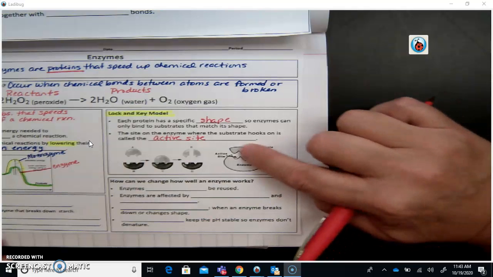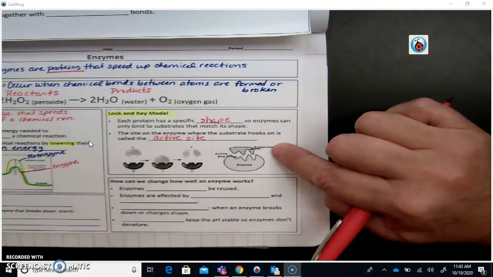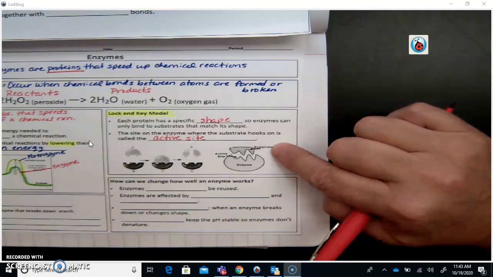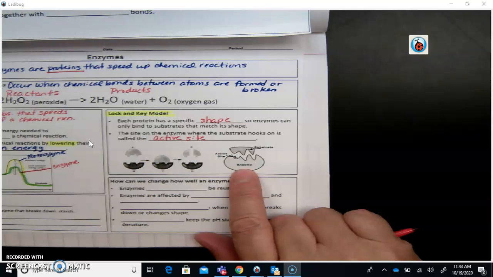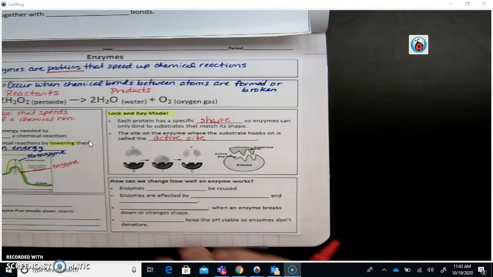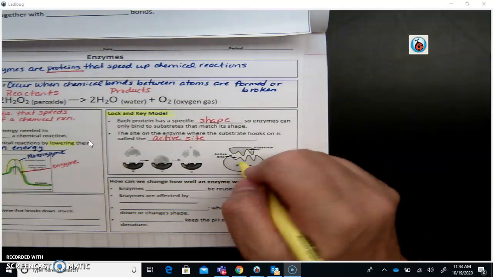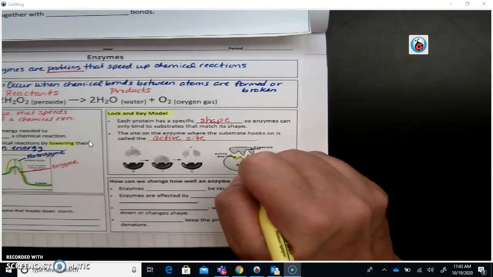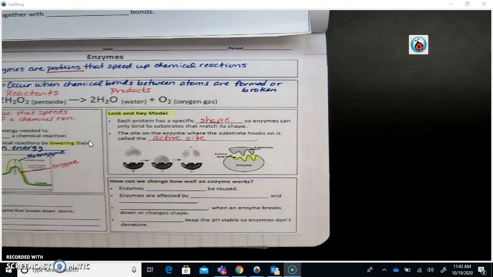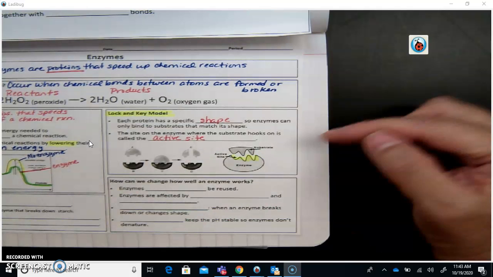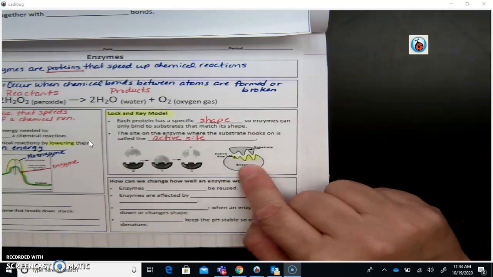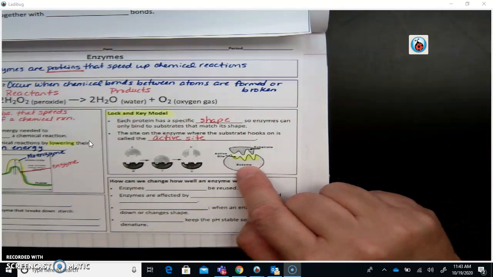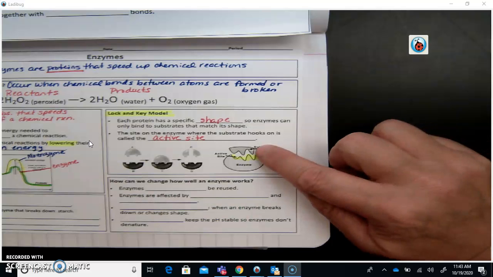These substrates are reactants that have a certain shape, and you can see that the enzyme matches it, just like a lock and a key match. That's where it got its name from. The active site is this area in here. Each enzyme has a certain shape that fits a specific substrate.